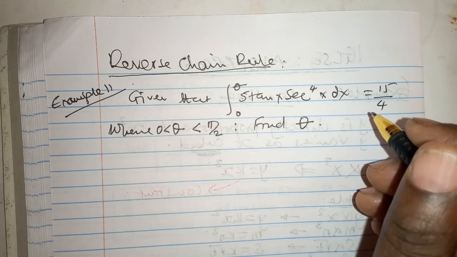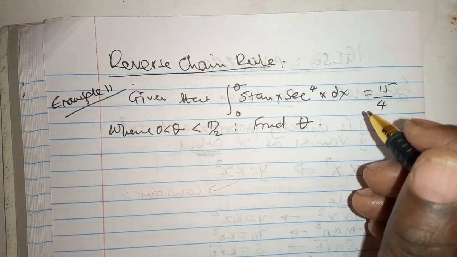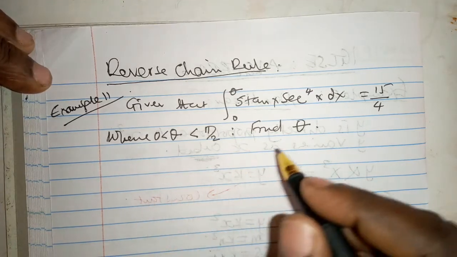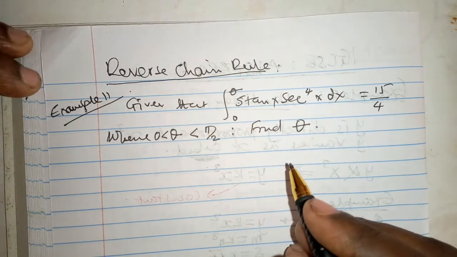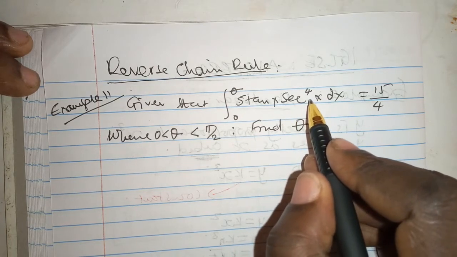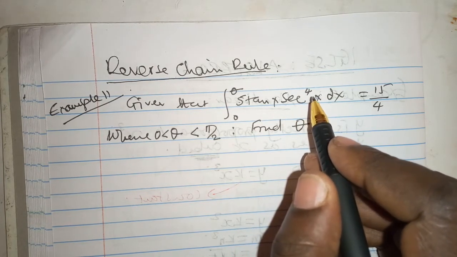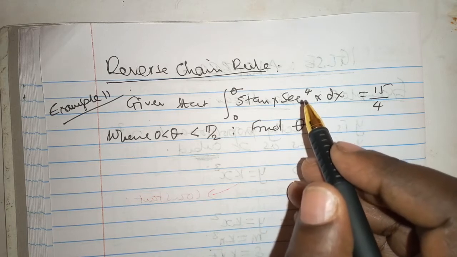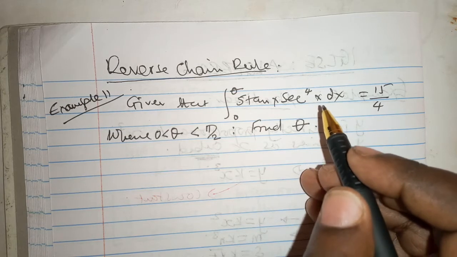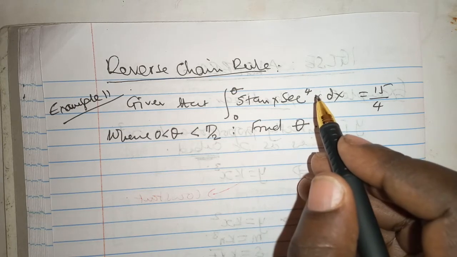I want us to get to this question, and we must know that we have sec raised to power 4 of x, and to me that is the function of x, that is the f(x), where n is 4.